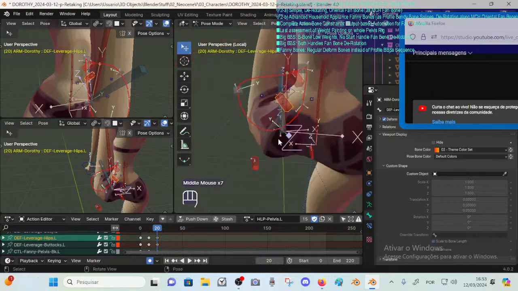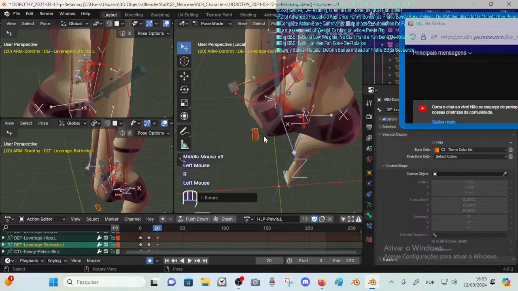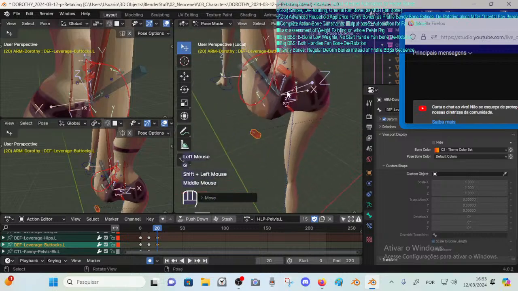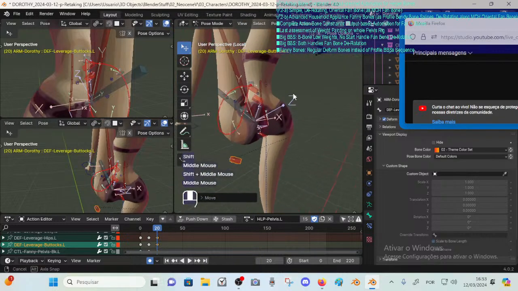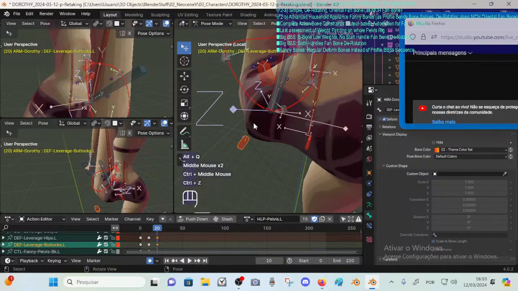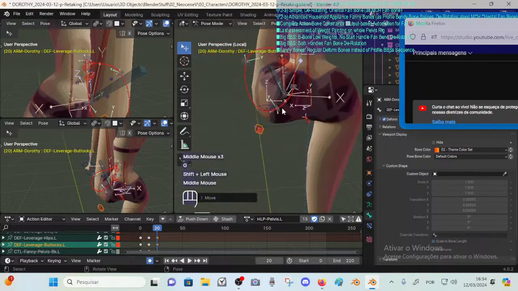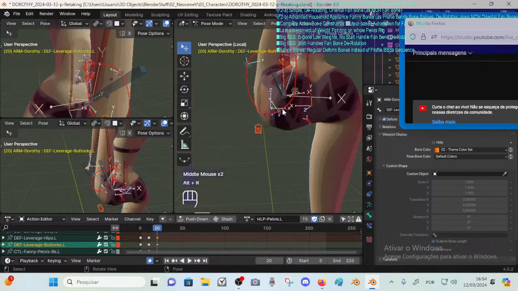This is a weight paint problem. There's some bad interaction between the weights. This starts to be sort of ruined. So let's try to. Maybe it's not the problem of the pose that I'm doing so much. Oh, it's a 90 degrees rotation. Okay, I've exaggerated the rotation. All right.